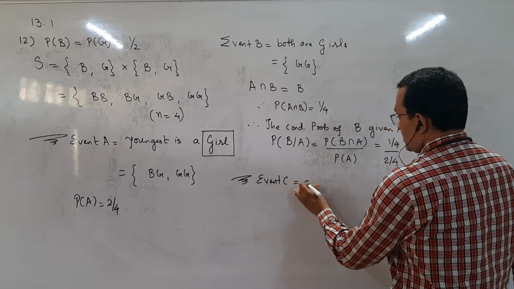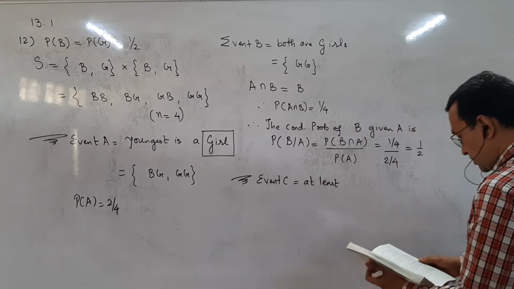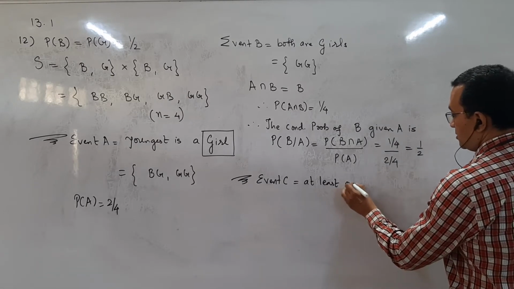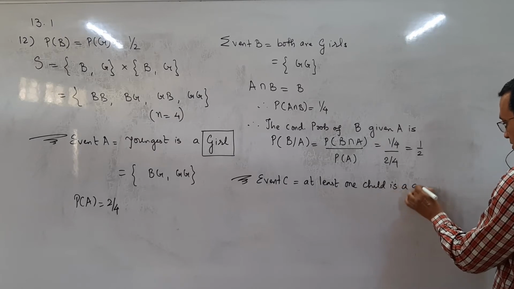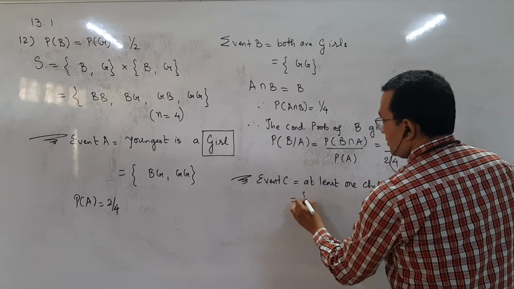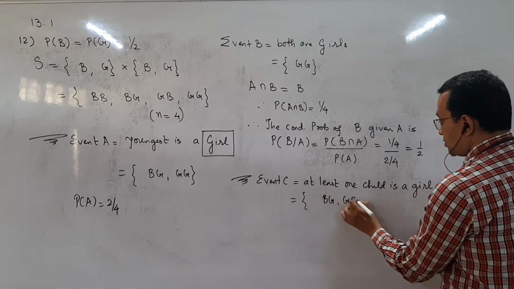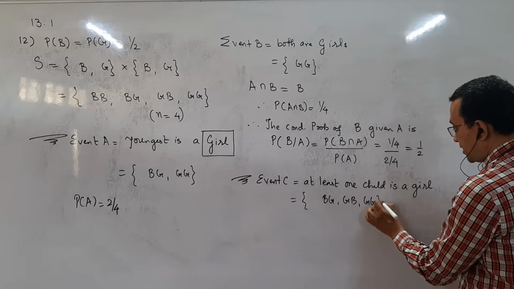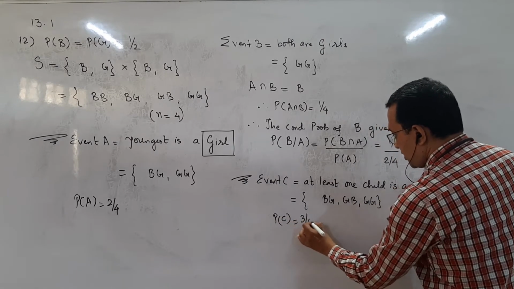Event C, at least one child is a girl. B means same. So here we have to write BG, GB and GG, and P of C comes out to be 3/4.